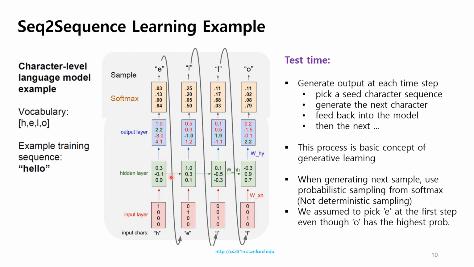Using these two, you compute a hidden layer, then compute the output layer and change it to a probability distribution. Again, you do probability sampling. In this case, let's say L is selected. Anyway, this is just an example. So L is selected, and then L comes in as input in the next step.